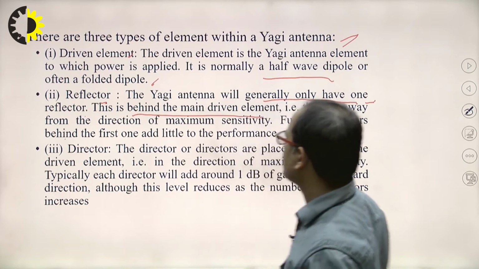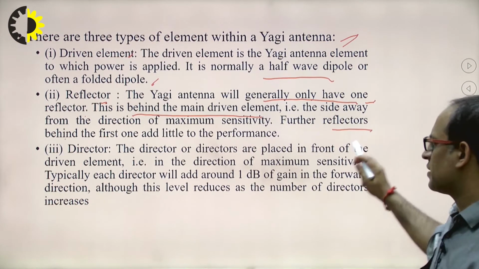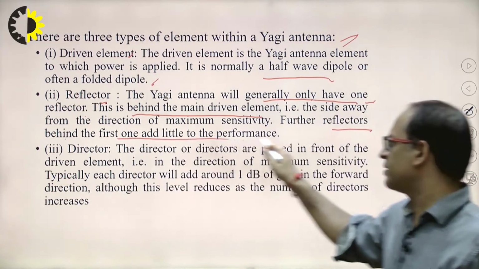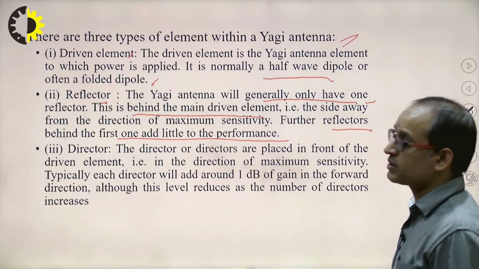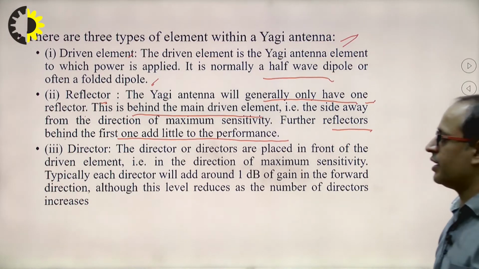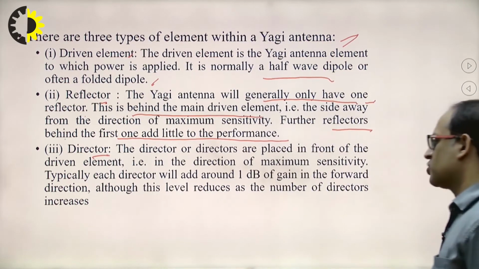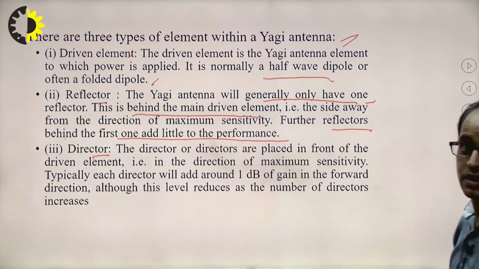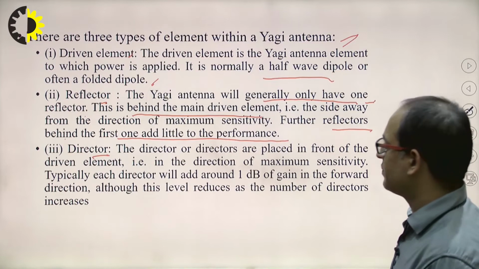Remember, this is placed behind the main driven element, and a reflector behind the first one adds little to the performance. It will increase the directivity of the antenna. Clear? And the director also has a most important role in increasing the directivity and gain of the antenna.